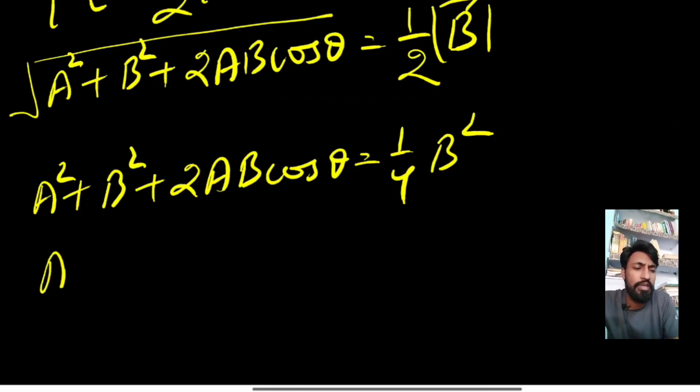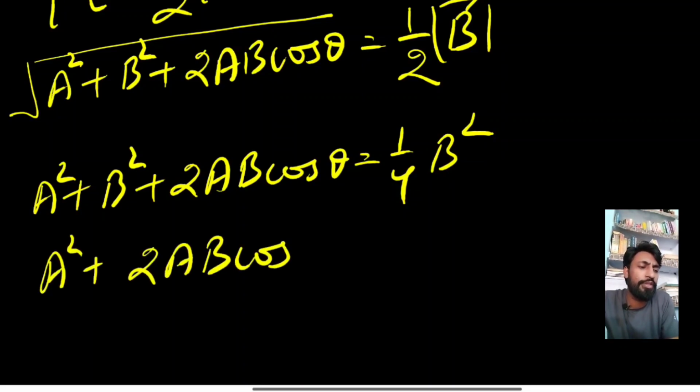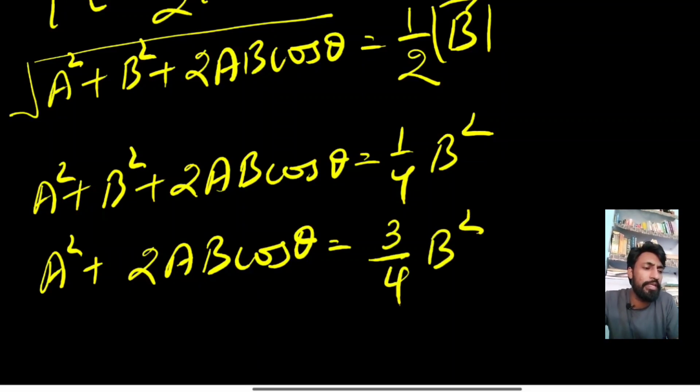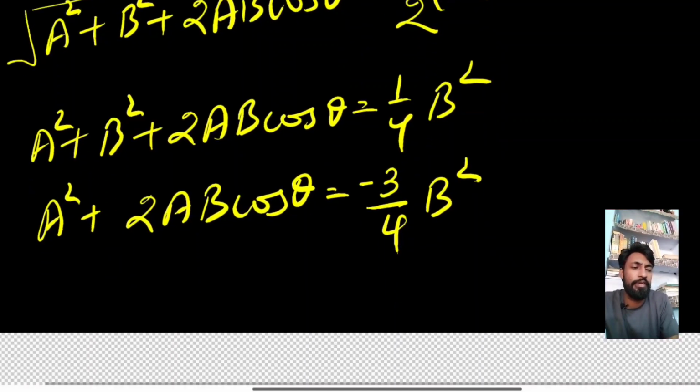Again rearranging, we'll get A squared plus 2AB cos theta is equal to negative 3 by 4 B squared.